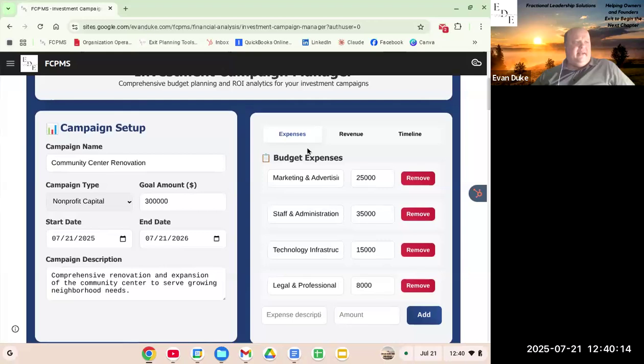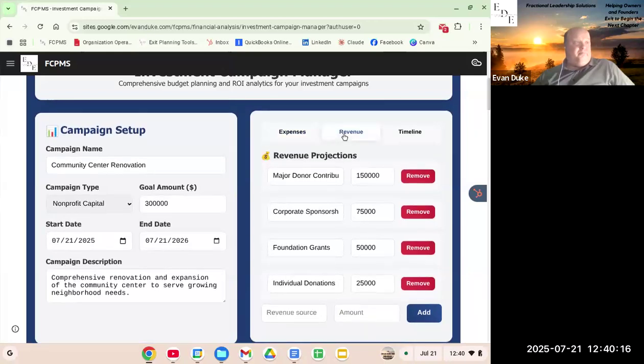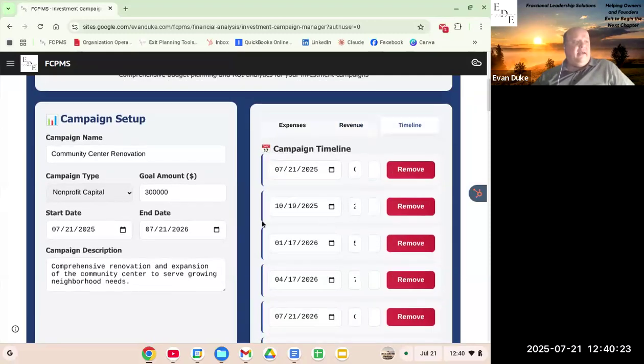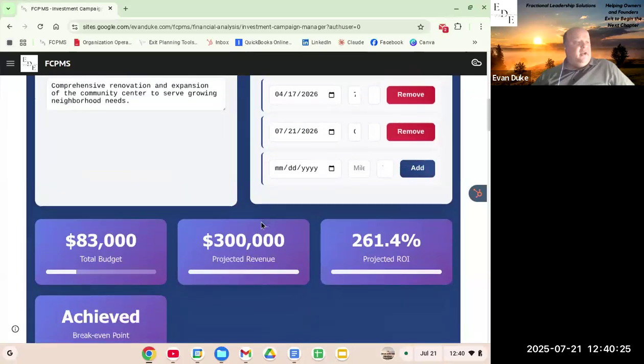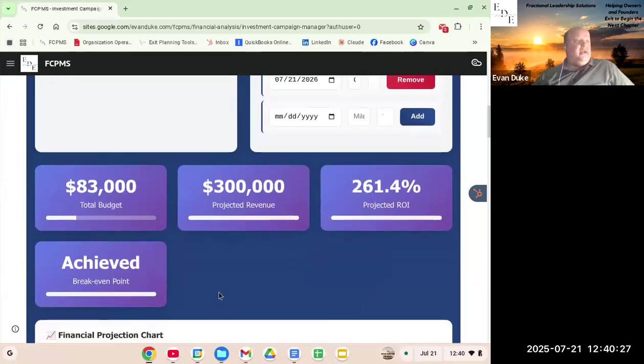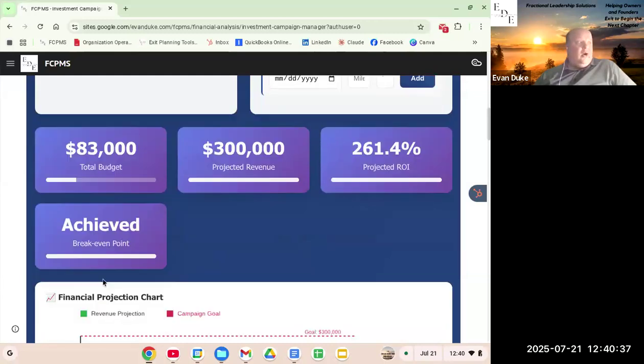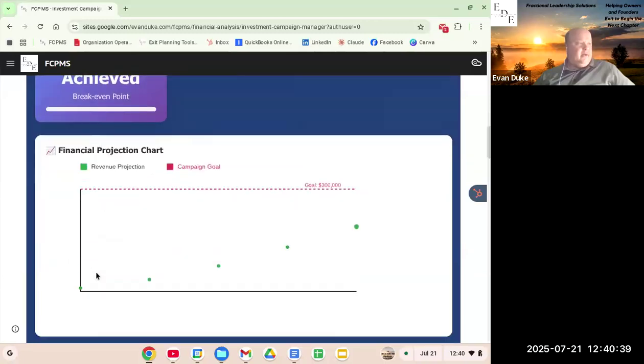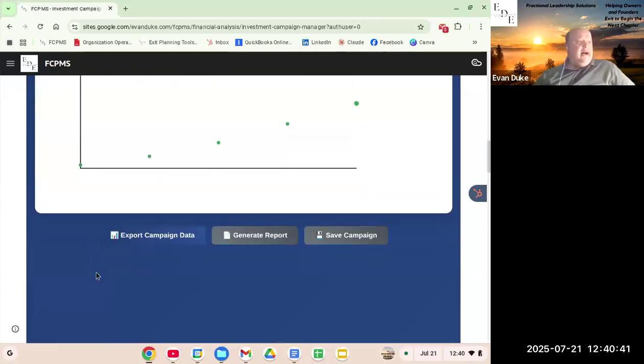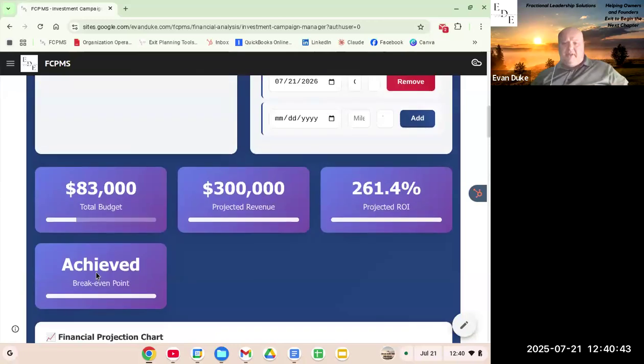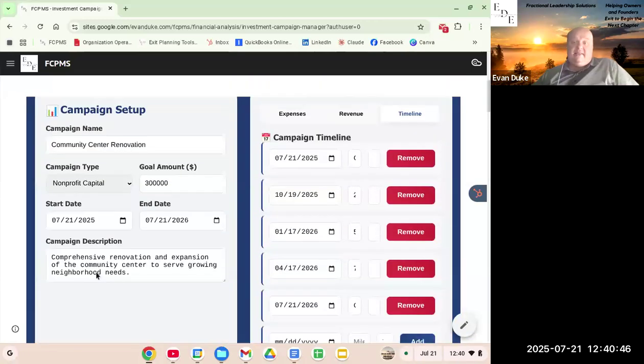And you have the expenses, you have revenue, basically they'll be used for covering it, and then you would have a timeline as far as goals and stuff. So really what this is trying to show is, okay, what the budget would be, what the projected revenue from these investments would be, what our projected ROI would be, and then also even the break-even point. And we have charts down here, and obviously the ability to generate a report, which would be easily shared.